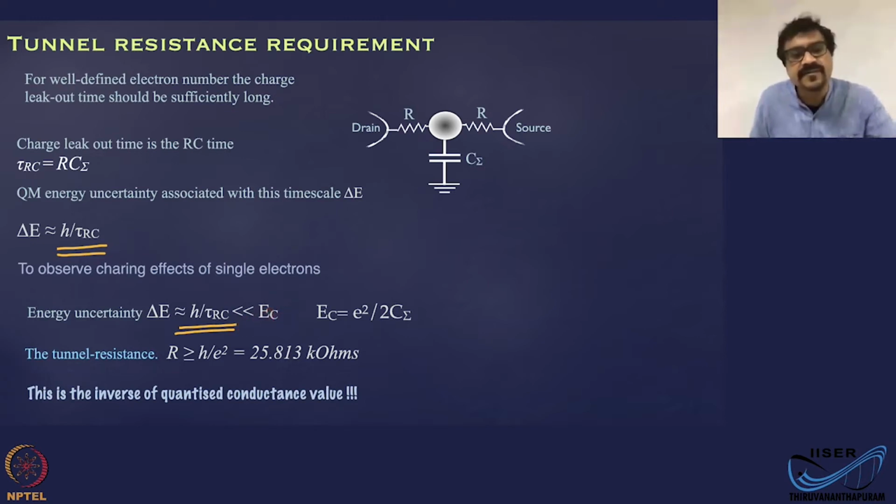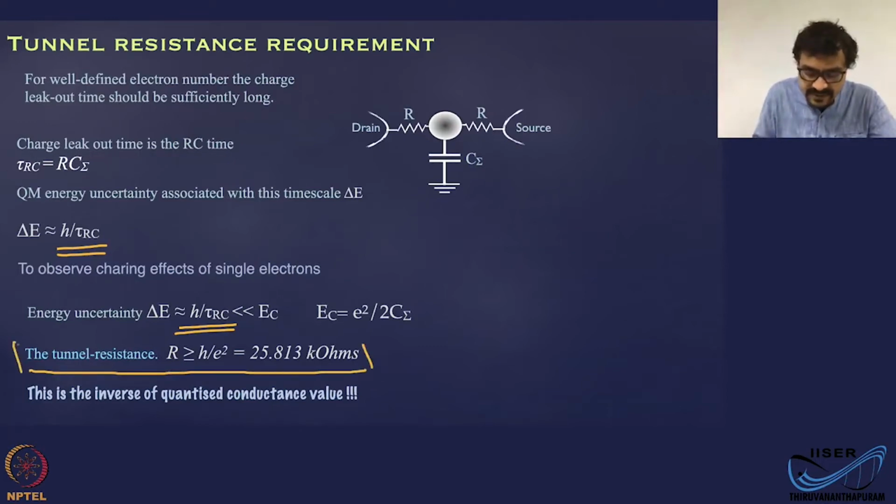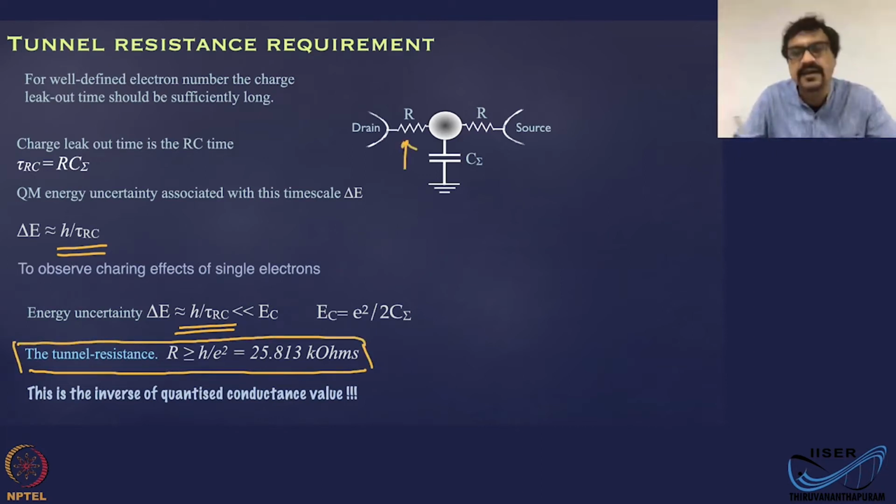That's the condition. Now EC is e square by 2C sigma. When you substitute this here, and substitute for tau RC from here, and rearrange the terms, what you get is the tunnel resistance requirement, because R here is the tunnel resistance.